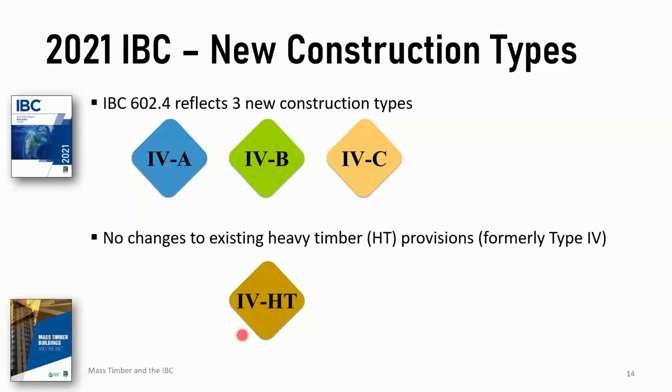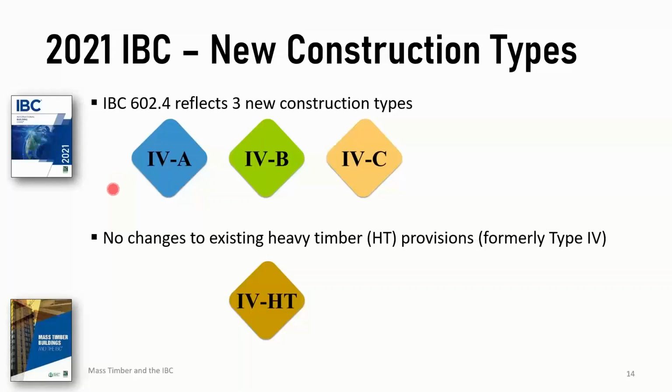The new construction types are 4A, 4B, 4C, and the existing heavy timber provisions in the code, unchanged by the Tallwood Ad Hoc Committee of ICC, which was the primary researcher and author of the tall mass timber provisions in the new code. And then it went before the entire International Code Council membership, and they had to vote on these.